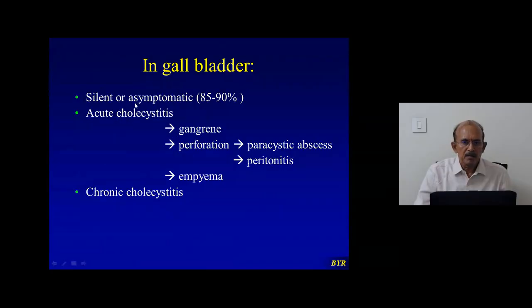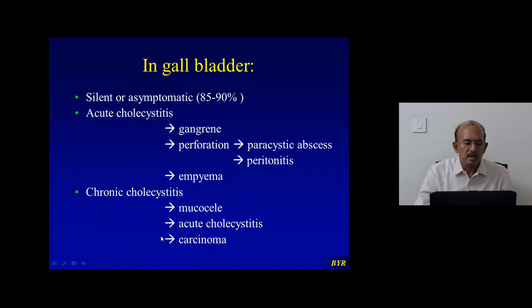Chronic cholecystitis: stones in the gallbladder can manifest as chronic cholecystitis. It can lead to mucocele of the gallbladder. It can lead to acute cholecystitis now and then, and it can lead to carcinoma of the gallbladder. So these are the manifestations when the stones are there in the gallbladder.